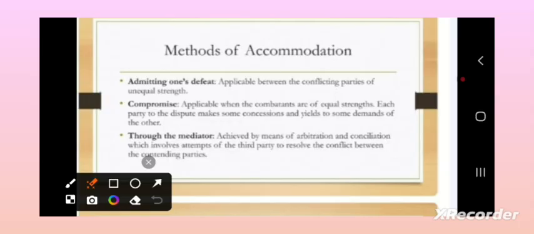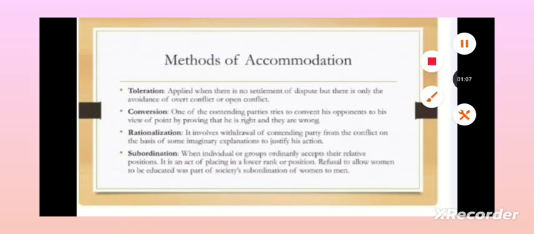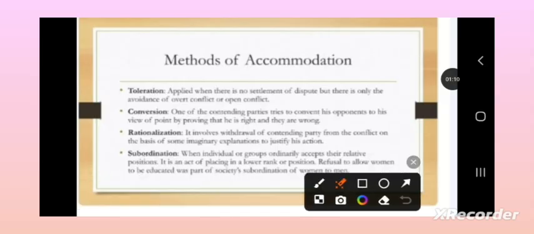Achieved by means of arbitration and conciliation, where an impartial third party steps in to resolve the quarrel between the contending parties. The methods of accommodation. Toleration.